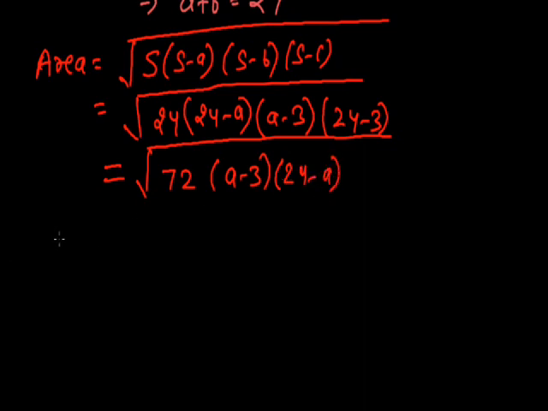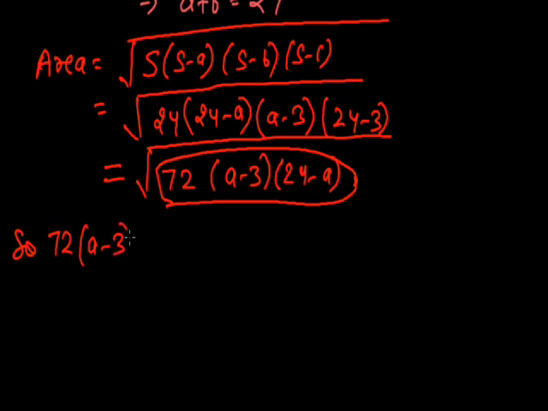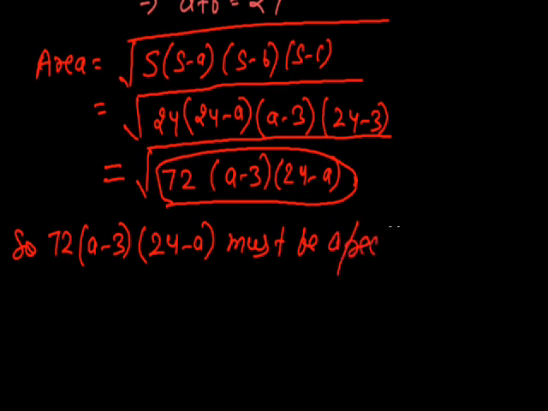Now as we have been given that area is an integer, this expression 72(a minus 3)(24 minus a) must be the square of an integer, a perfect square, as in the given question the area is an integer.